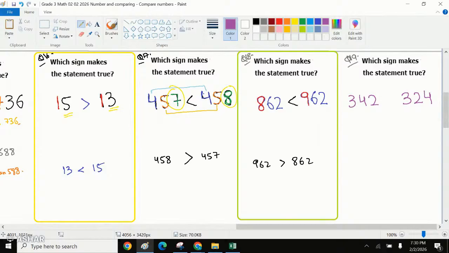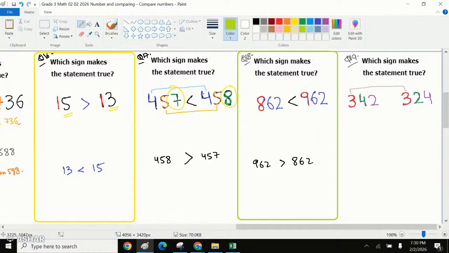But we know that this is 3 digits, so that means we compare the hundreds first, and we can say the values for the hundreds are the same, so we cannot compare the hundreds, right? Once we are done with the hundreds, we move on to the tens. Yes, thank you, Ethan. Rebecca, what should be the answer? If we cannot compare the hundreds, we compare the tens, right?